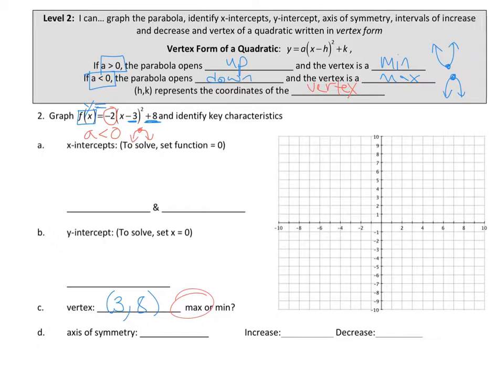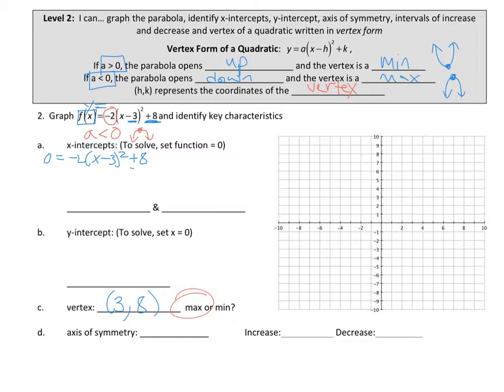So we're going to replace the y with 0. So we are basically setting this equation equal to 0. So we get 0 equals -2 times parenthesis x minus 3 squared plus 8. And we're going to solve for x. So we're solving this quadratic equation for x.